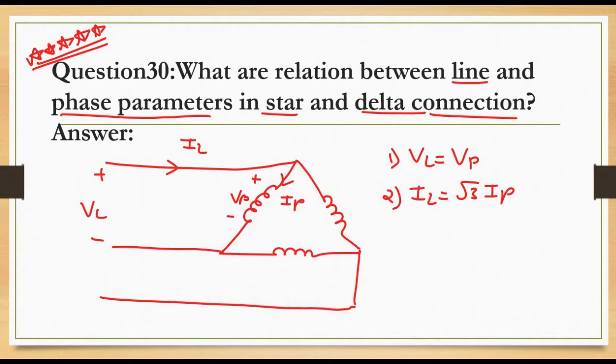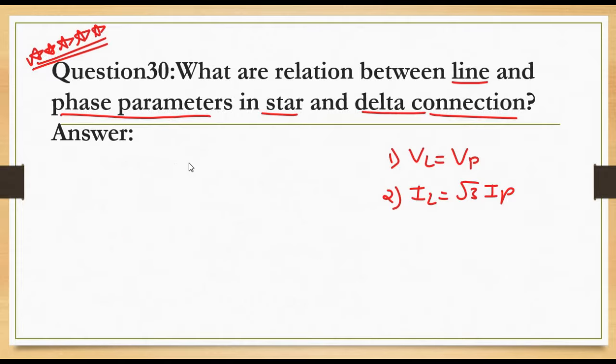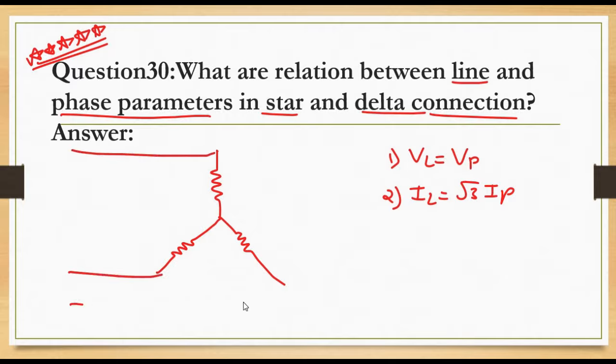Now let us see for star connection. This will be the line voltage, and across this will be phase voltage. This will be line current and this will be phase current.